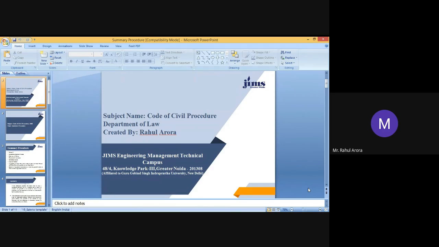Further, the time limit for presenting a written statement or the reply is 30 days from the date of the institution of the civil suit. Furthermore, this period can be extended up to 90 days.